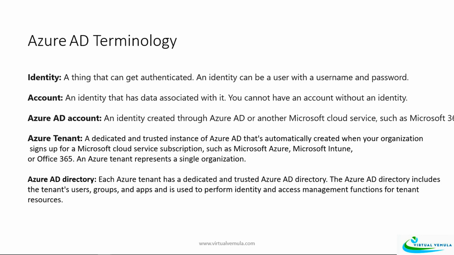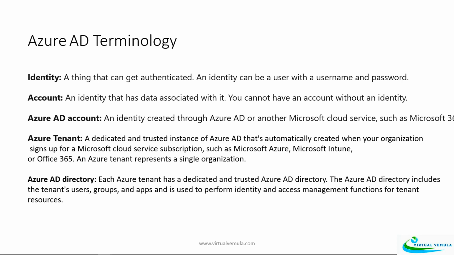Some terminology around it. The first term that we'd like to understand is what is an Azure identity. It's an entity or item that can be authenticated. The term that I would like to explain next is account.